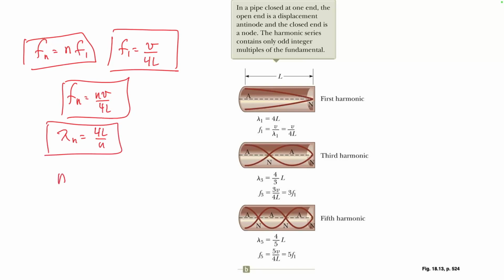But n is odd only. There will never be even harmonics in a closed pipe. It just doesn't happen in nature or in the mathematics.